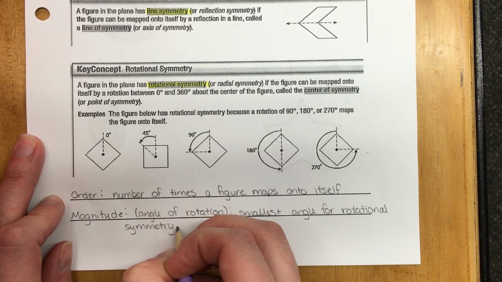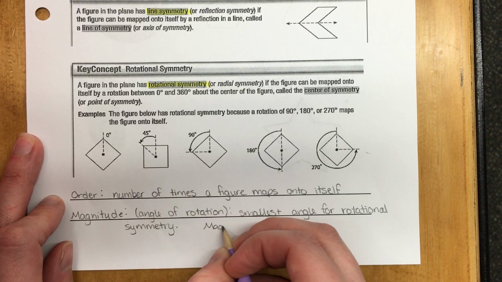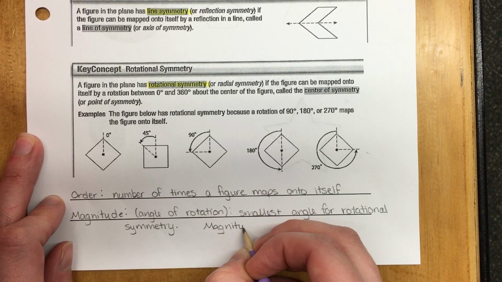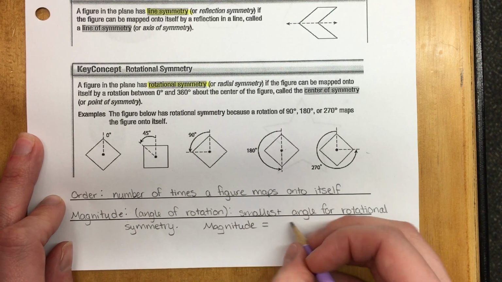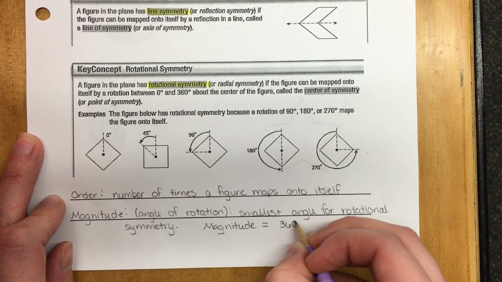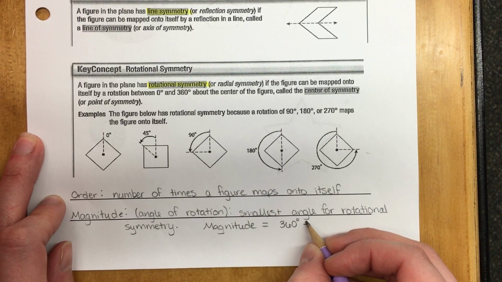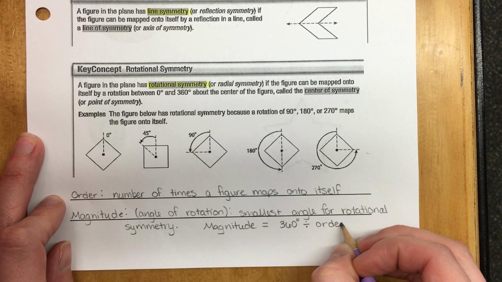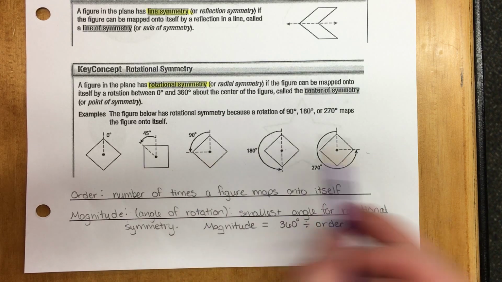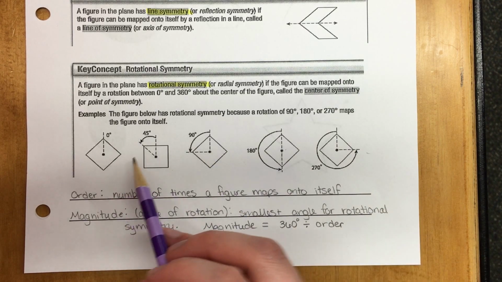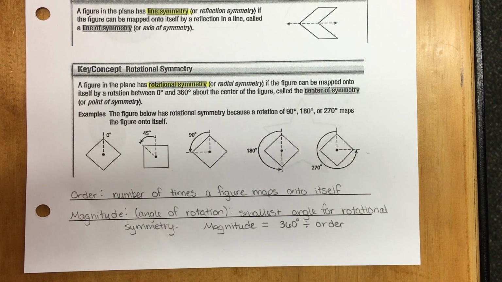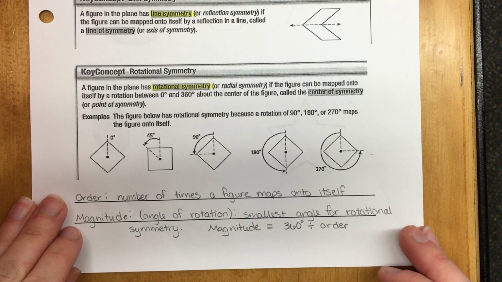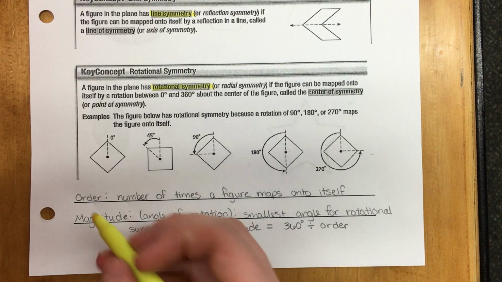And it's easy to figure out what that is if we can figure out our order. So our magnitude equals 360 total possible degrees for a rotation divided by the order. So again, if I want to talk about this example I had of squares, if I divide 360 by 4, which is my order for how many times I can turn it, I would get 90 degrees. So that would be my magnitude.